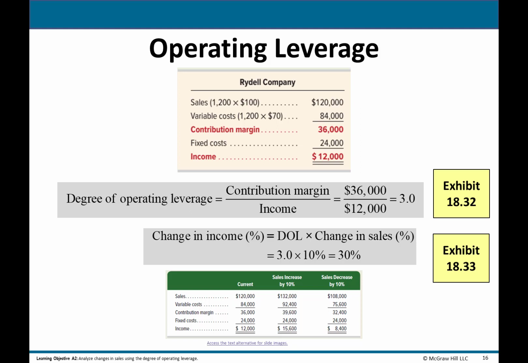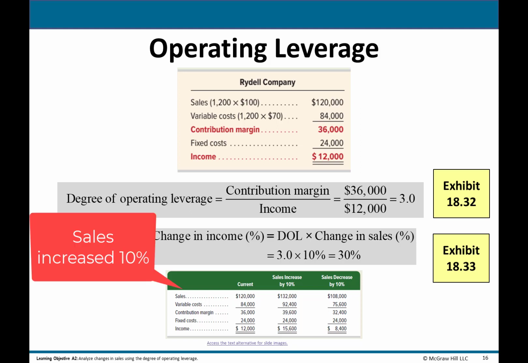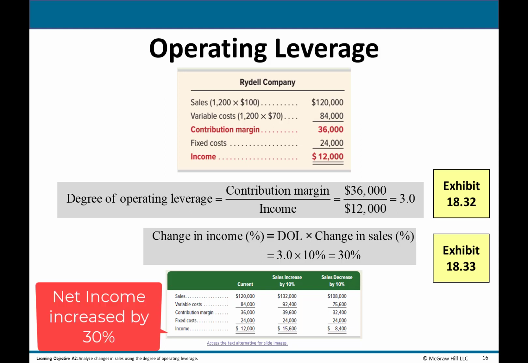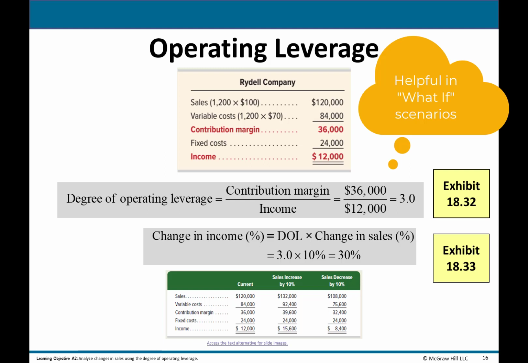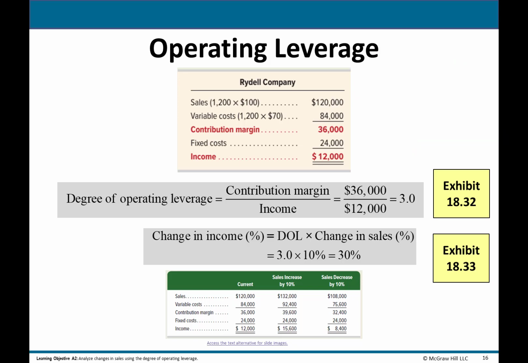The author then proves it to you by increasing the sales from 12,000 up to 132,000. And as you can see, that net income in the middle there did rise by 30%. So the degree of operating leverage is really helpful when viewing what-if scenarios. Take a moment to check it out and make sure you understand at least the bare basics about what leverage is. I would consider this a minor topic on our upcoming exam.